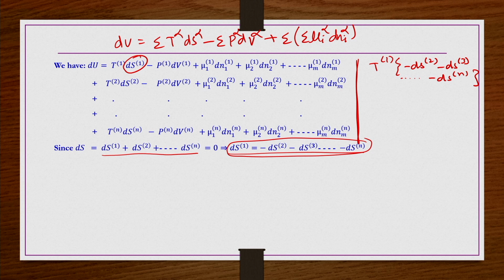First, let us concentrate only on the temperature terms. Already there is a T2 ds2, and now here T1 multiplied by minus ds2 is there. So, this I can write as T2 minus T1 multiplied by ds2.